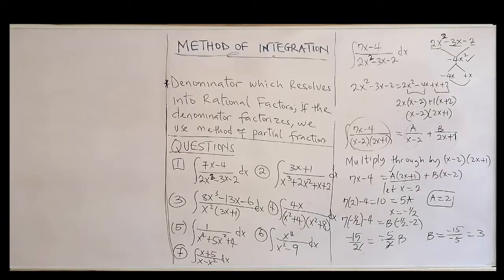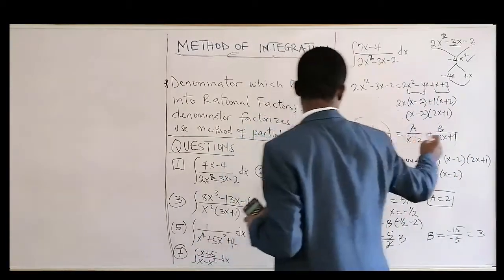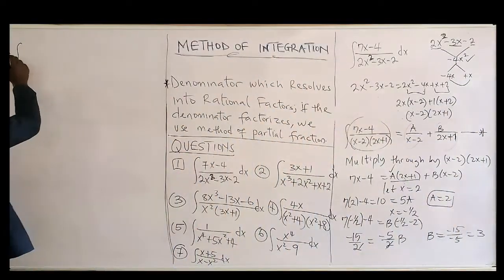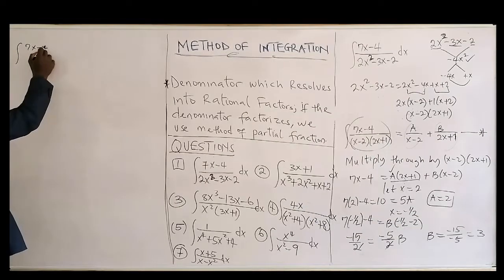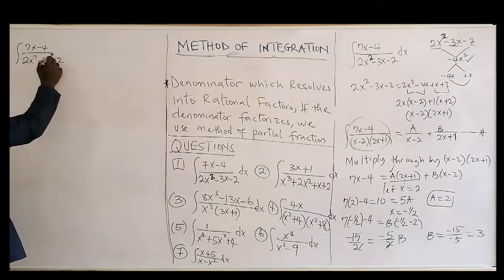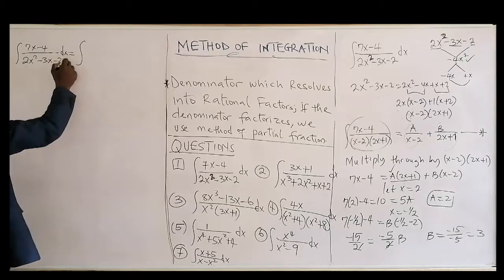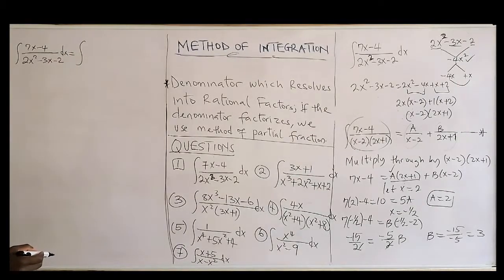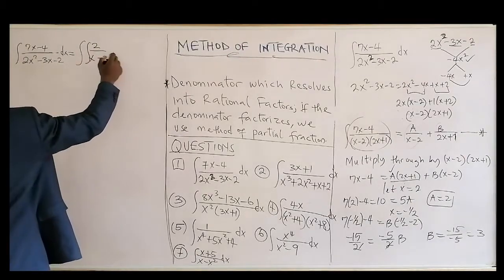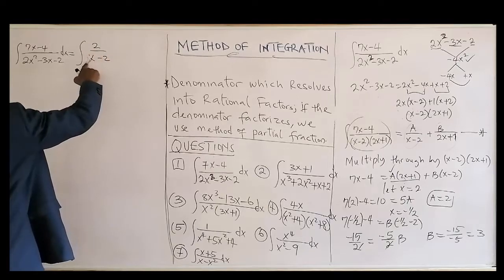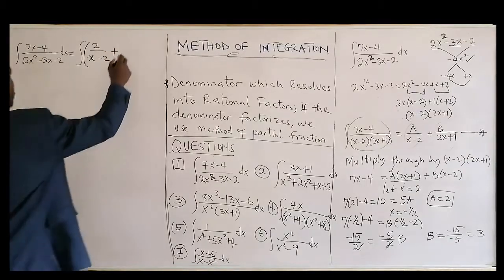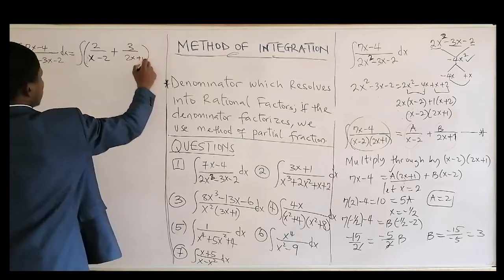Once you've gotten your A and B, you go back to this place and make a substitution. So the integral of (7x minus 4) over (2x squared minus 3x minus 2) is equal to the integral of A, which is 2, over (x minus 2), plus B, that's 3, over (2x plus 1) dx.